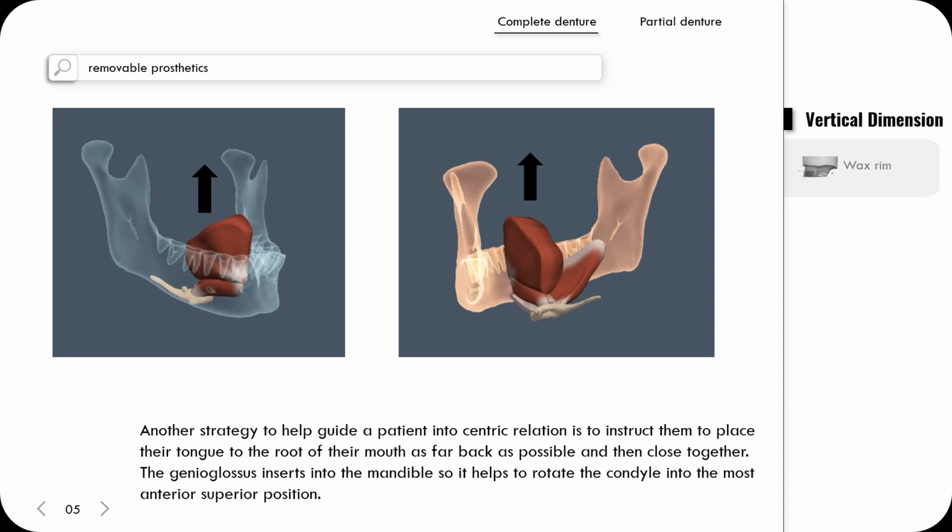Okay, so you can actually try this. If you put your tongue to the roof of your mouth and then gently close together, some of you are going to feel a point of tooth-to-tooth contact that will occur first before the rest of your teeth come together. That first tooth-to-tooth contact is not your maximum intercuspation position. That is a tooth-to-tooth contact that occurs when your condyles are in centric relation.